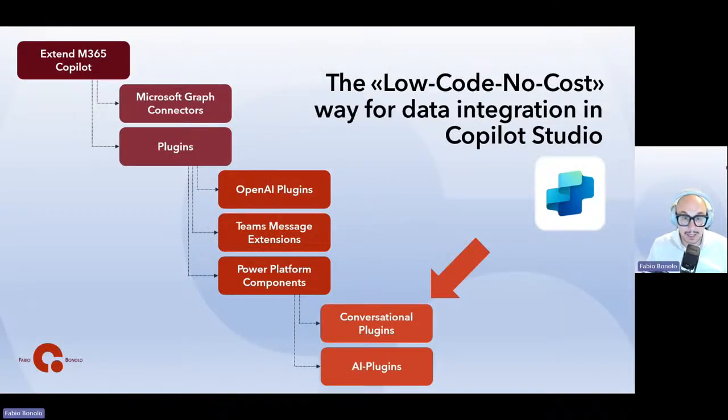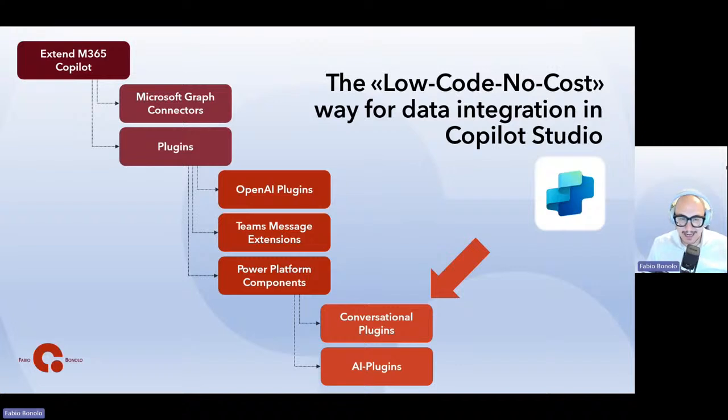Without further ado, here is the cascading slide. So we start from the top left. When you want to extend your M365 Copilot, you can choose between Microsoft Graph connectors or plugins. In this session, we choose the plugins. So there are three different types of plugins: the OpenAI plugins, the Teams message extensions, and the Power Platform components.